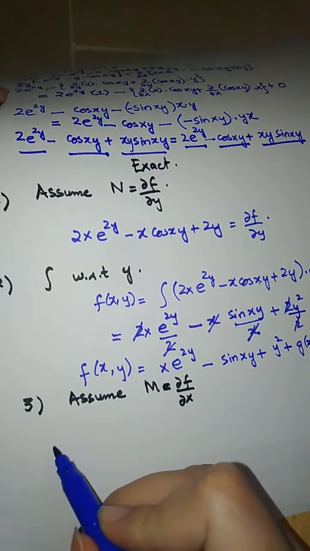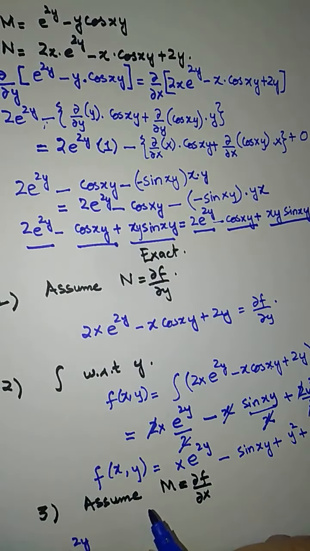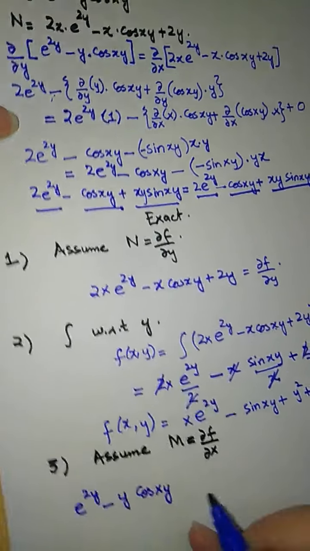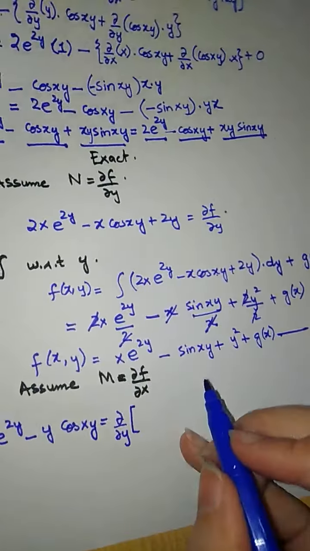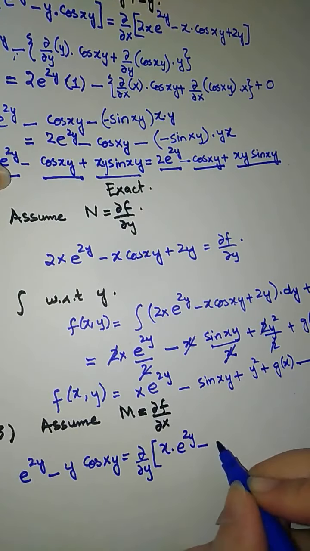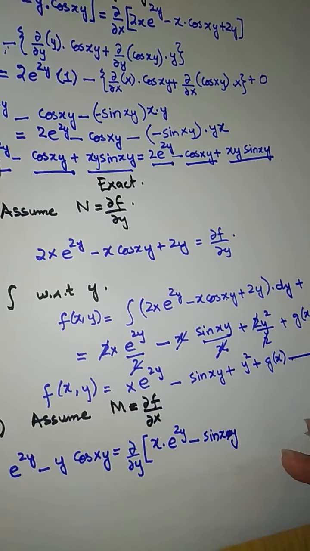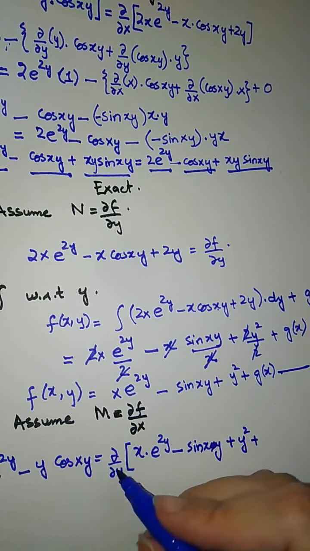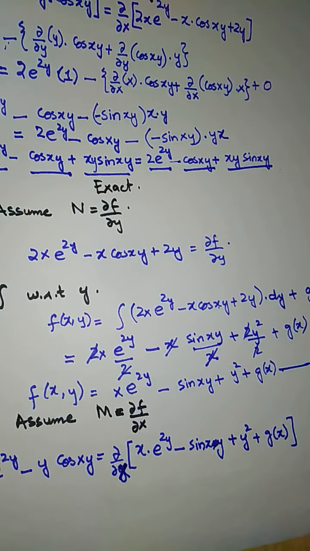So I'm writing M, e to the power 2y minus y into cos of xy, equals partial by partial x of equation A, which is x e to the power 2y minus sine of xy plus y square plus g of x.